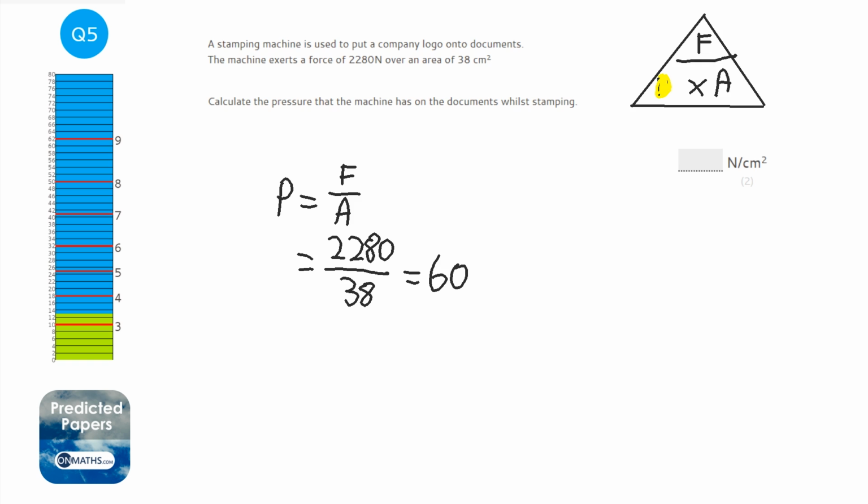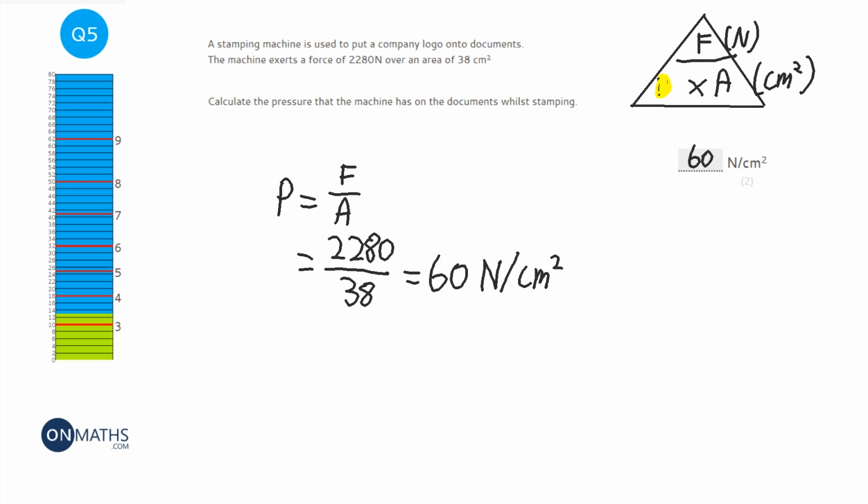Now the units, because force is in newtons, and because area is either in meters squared or centimeters squared normally, then the units are newtons per centimetre squared. So it's 60 newtons per centimetre squared. Don't forget, it could be meters squared, newtons per metre squared, and that's absolutely fine for pressure.